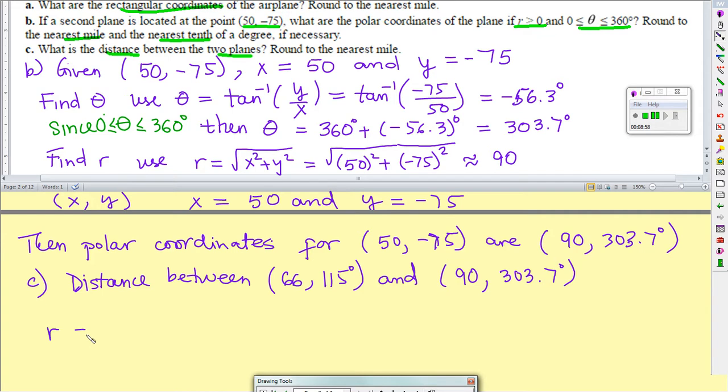To find the distance, you are going to use the distance formula.